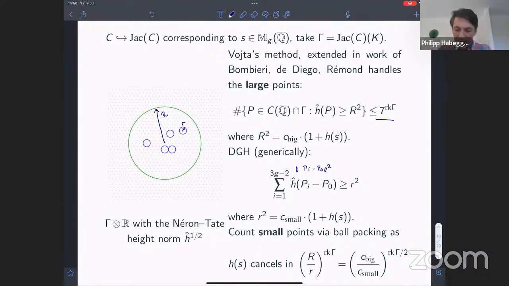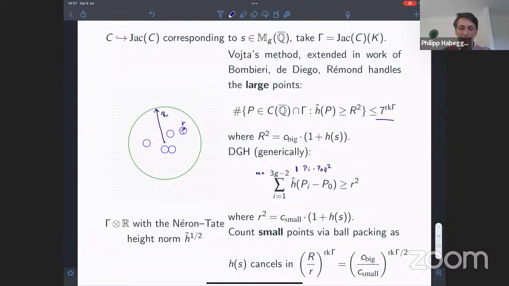And this 3g minus 2 was just the constant m in the theorem above, one choice of the constant m. What it tells us is that, at least generically speaking, the number of points that can fall into one of these blue circles is bounded from above by essentially 3g minus some constant depending only on g. So it's kind of like a social distancing principle. We can't have too many points inside one of these blue circles.